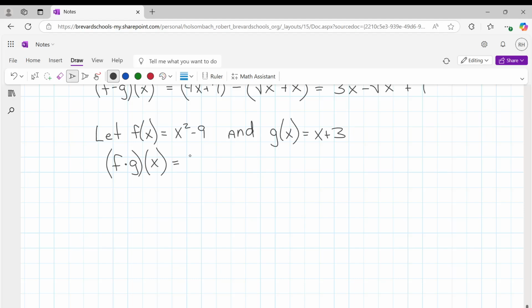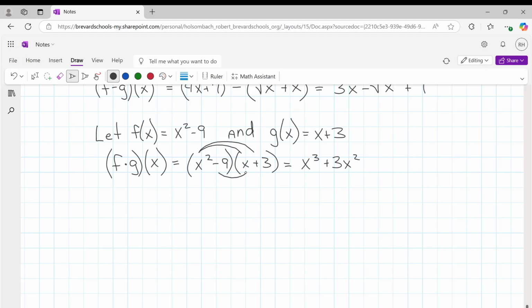So we're going to multiply the first function, which is x squared minus 9, times the second function, which is x plus 3. So a binomial times a binomial, we're going to do the distributive property. So we've got x squared times x, which equals x to the third. x squared times 3 is positive 3x squared.